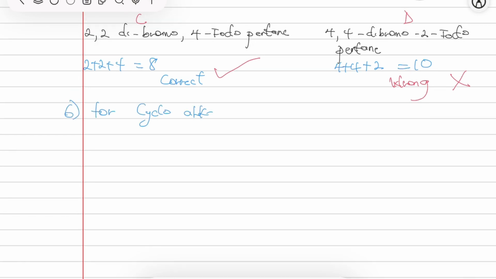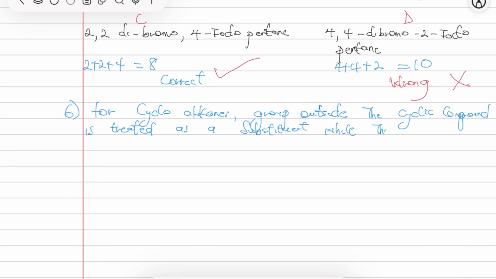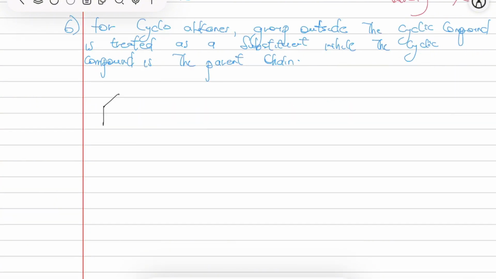For cycloalkanes, groups outside the cyclic compound are treated as substituents, while the cyclic compound is regarded as the parent chain. Let us consider the examples below. The name of this compound, compound E, is bromocyclohexane.